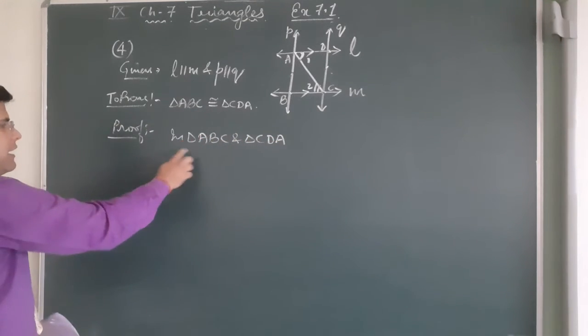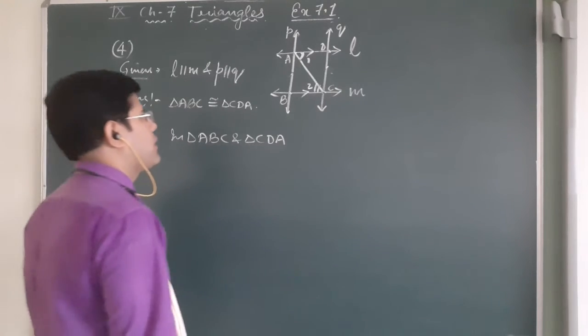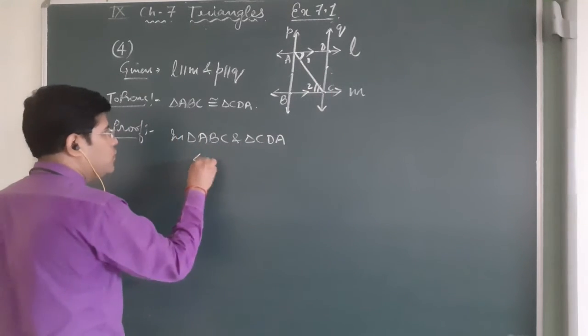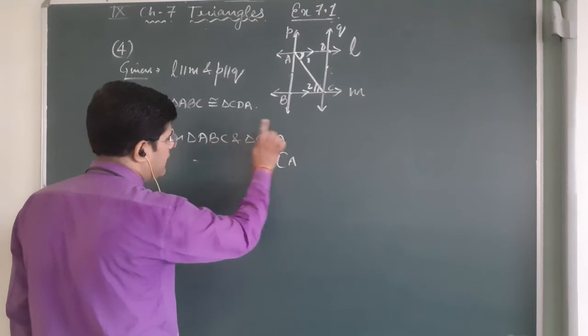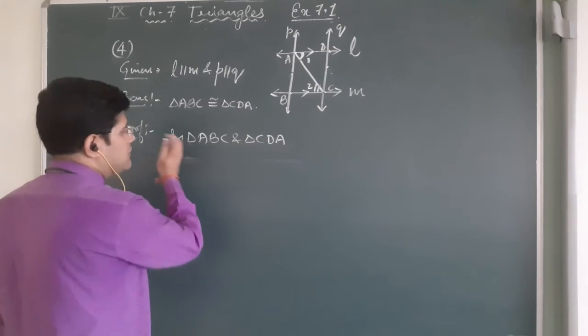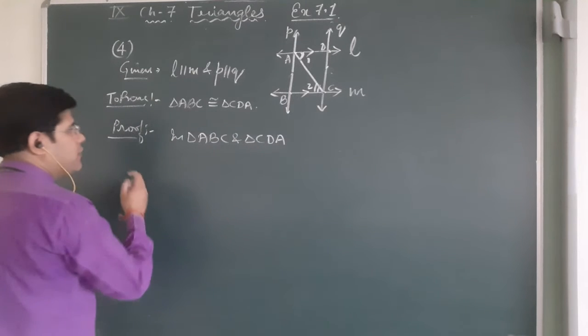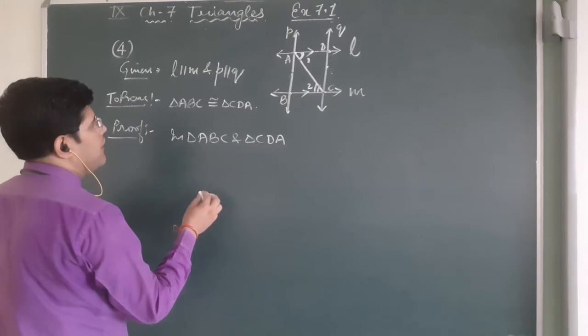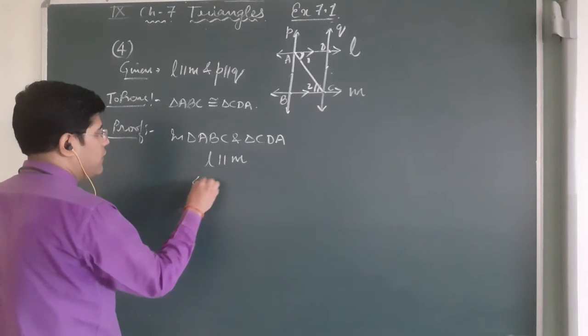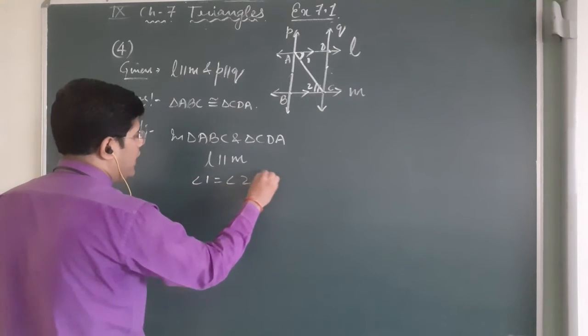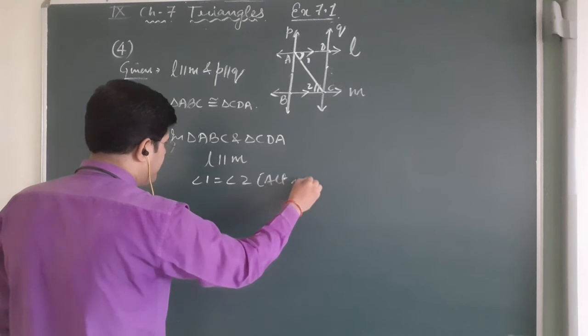Whatever you have to prove, take that way. So angle 1 equal to angle 2 by alternate angles, but before using any alternate property of parallel lines, you must mention the parallel lines. So L parallel to M, then you can use angle 1 equal to angle 2, alternate interior angles.